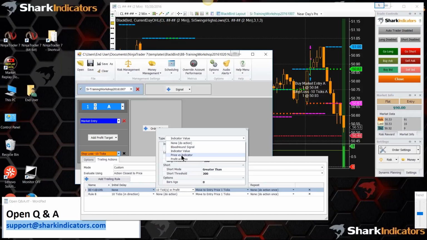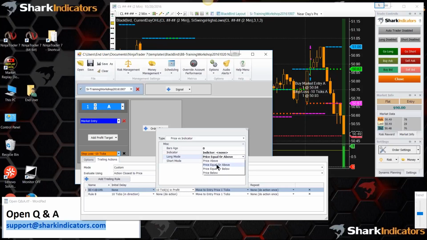You can do price versus an indicator. If you're doing price versus an indicator, then the only way this is going to work is if your indicator plots on the price panel, right? So your indicator has to be plotting in relationship to price. Something typical would be a moving average, right? Price versus a moving average. You're going to say, is price equal to or above the moving average?